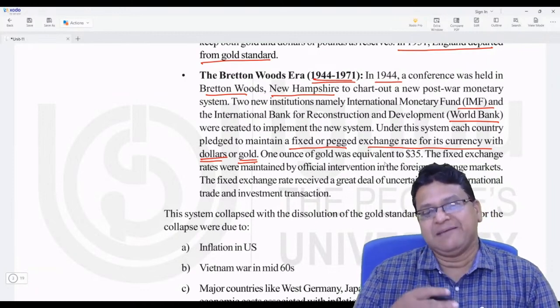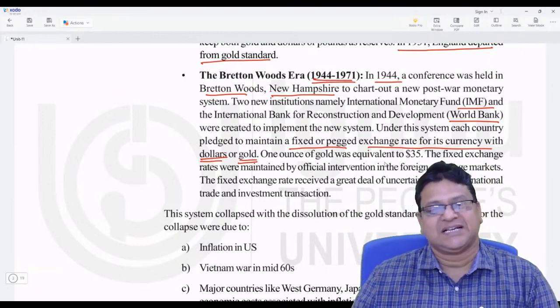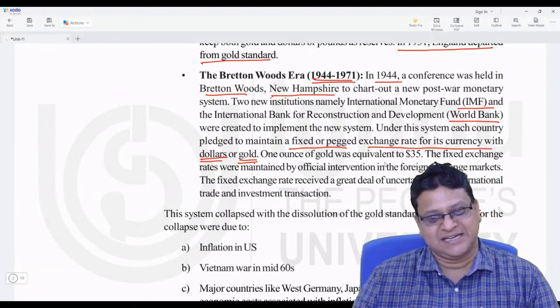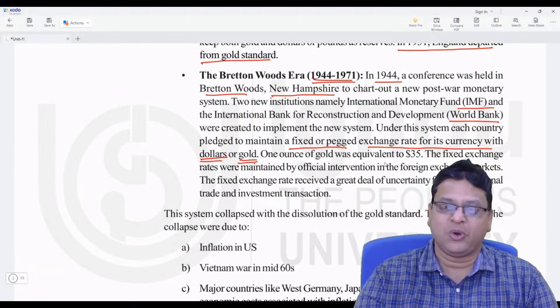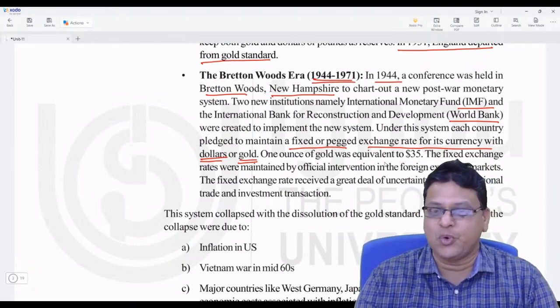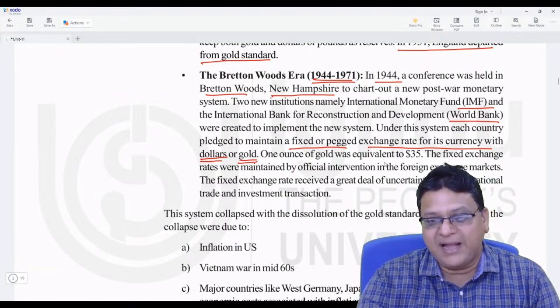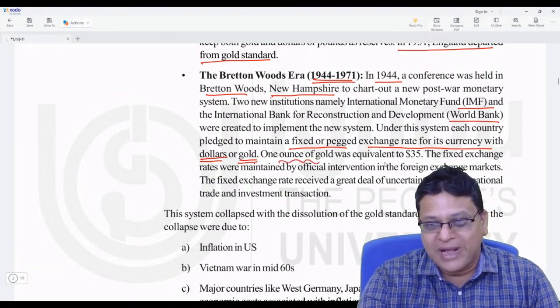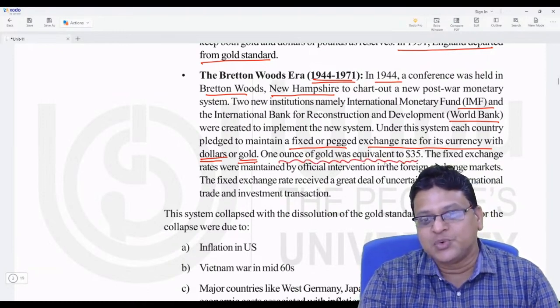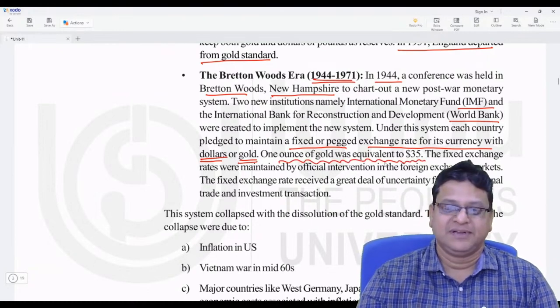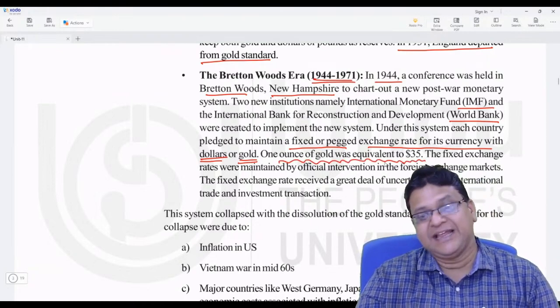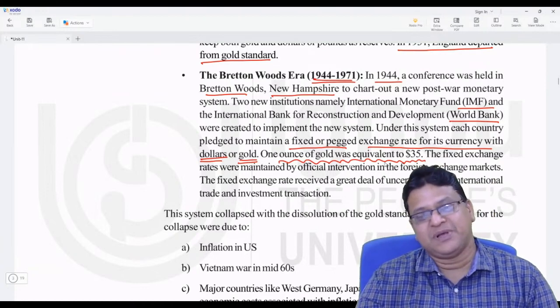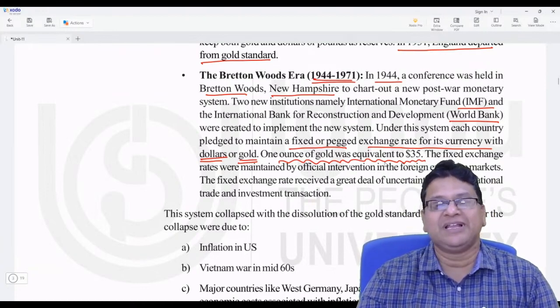In this case, every country fixed the exchange rate in relation to the dollar or in relation to gold, and 1 ounce of gold was equivalent to $35. The US gave a guarantee that anybody who gives $35 would get 1 ounce of gold.